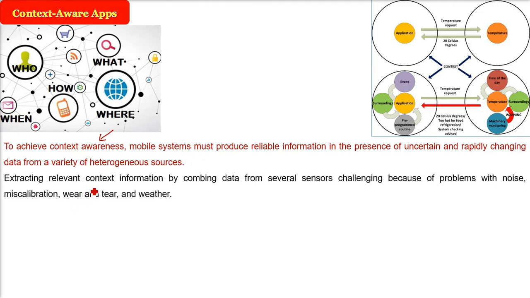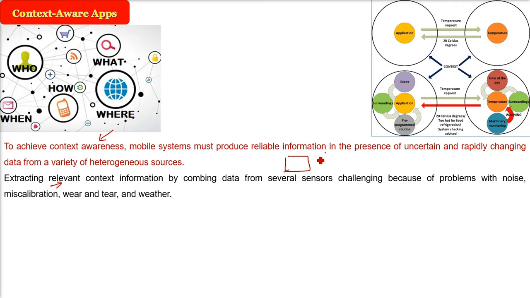So extracting good, relevant information as per what the user wants has certain challenges also, because every time you are not going to get everything perfectly. Sometimes there may be noise, because a mobile is an electronic device, and your app is a kind of software. So you may get noise, miscalibration, wear and tear.